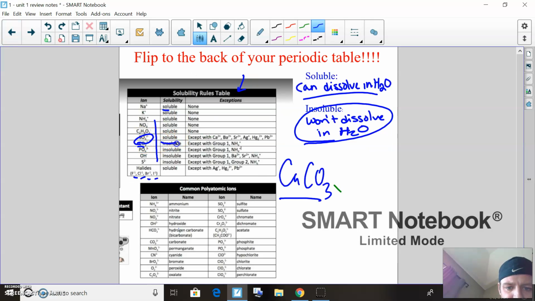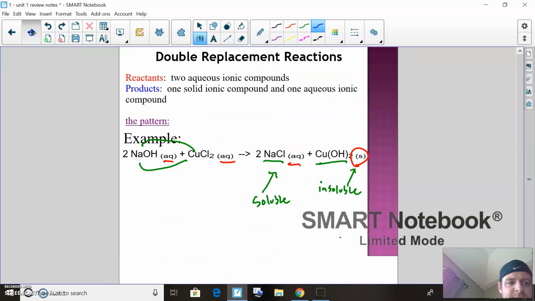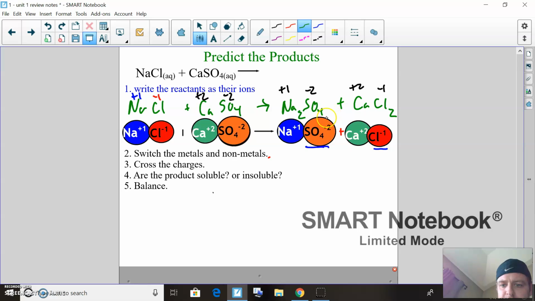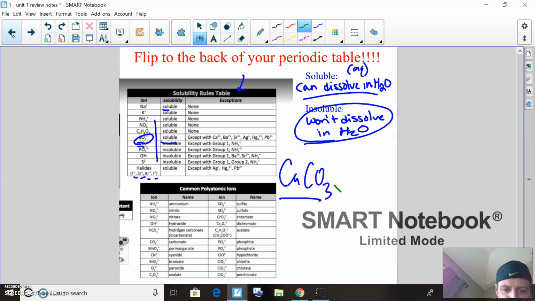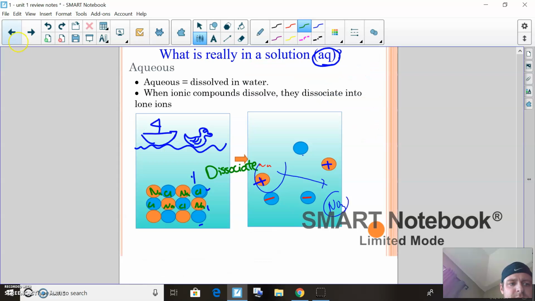SO4 is soluble, which means it's aq, except with calcium, barium, strontium, and so on. Since I had sodium, this one right here is aqueous. Let's check this one, chlorine. Chlorine is soluble, so that's aq as well.